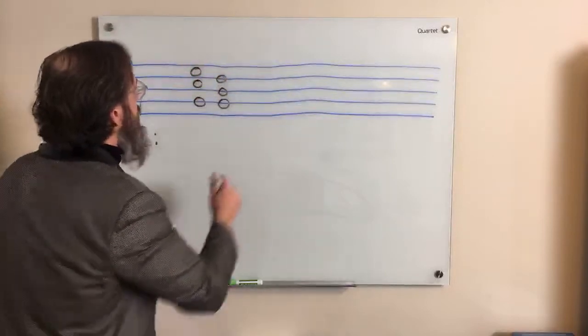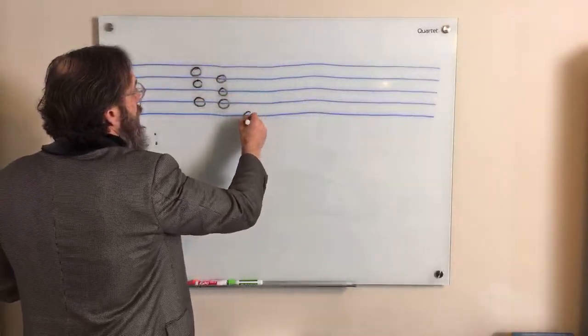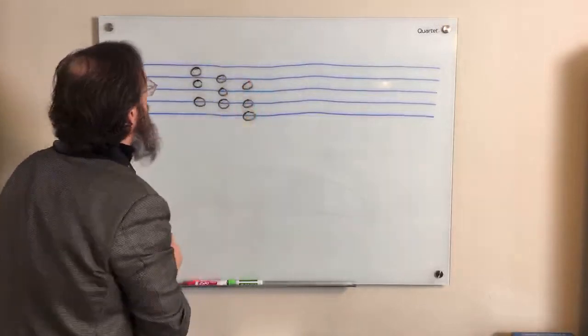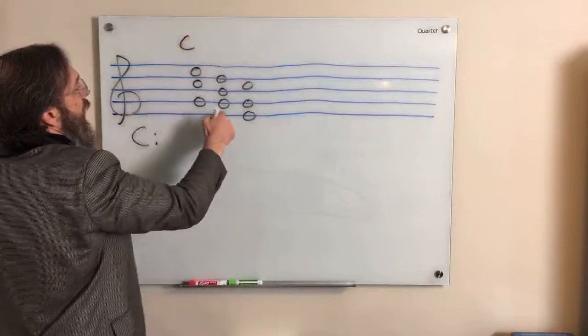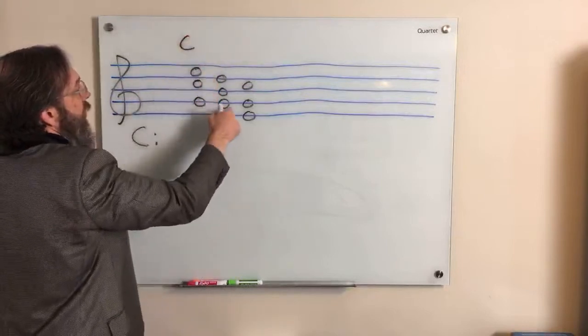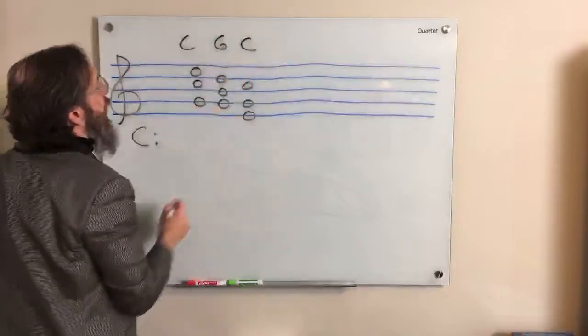And I'm just going to write it out in little block chords here. All right, so if we were to analyze this, we would say that's a C major triad, because C, E, G. G, B, D is a G major triad. E, G, C, that's another C major triad.